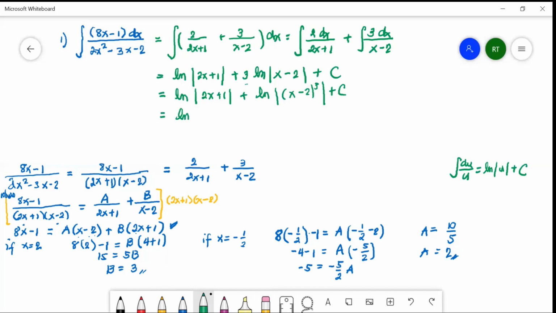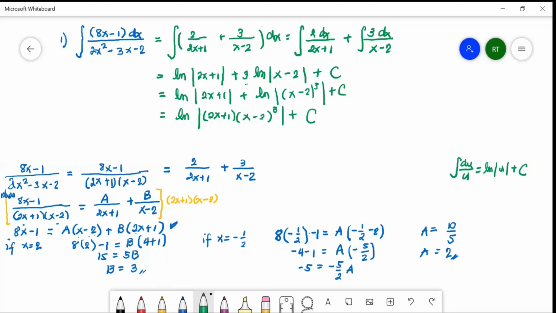Okay, therefore, if we simplify this, then this will give us a natural logarithm of the quantity 2x plus 1, quantity x minus 2 raised to the third power plus the constant of integration.